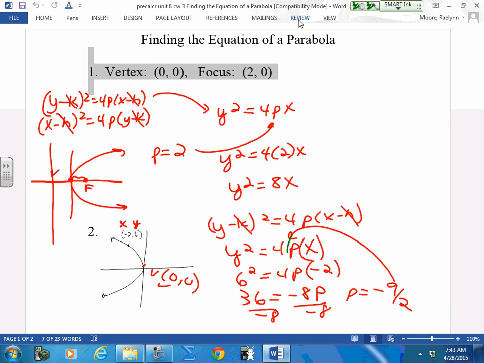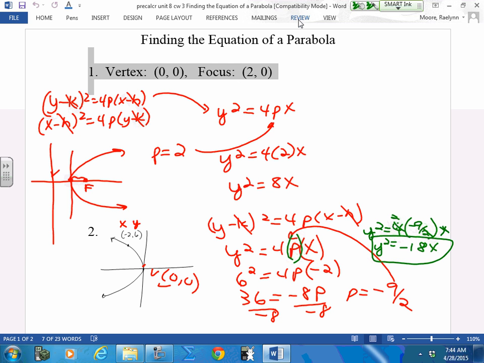We're going to take this p out and put in negative 9 over 2. So 2 goes into 4 2 times, times negative 9 is negative 18. Here's the equation of your parabola.